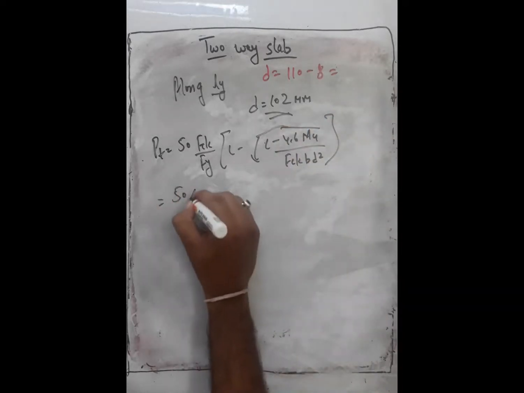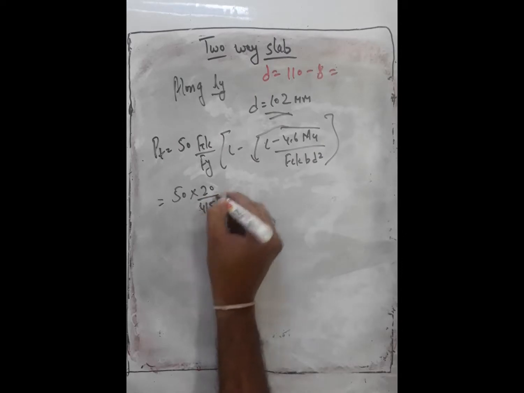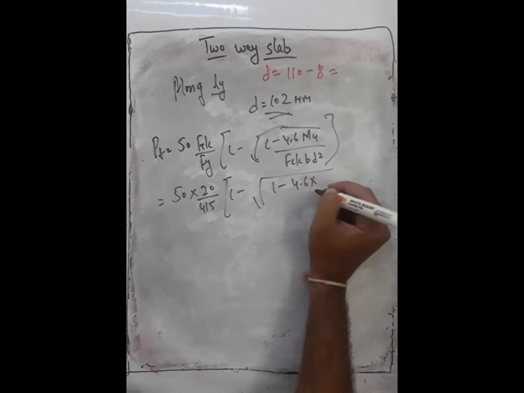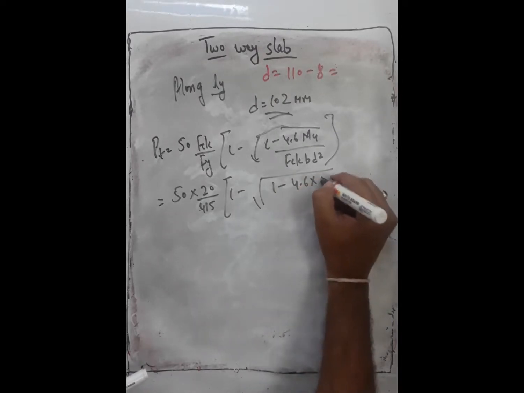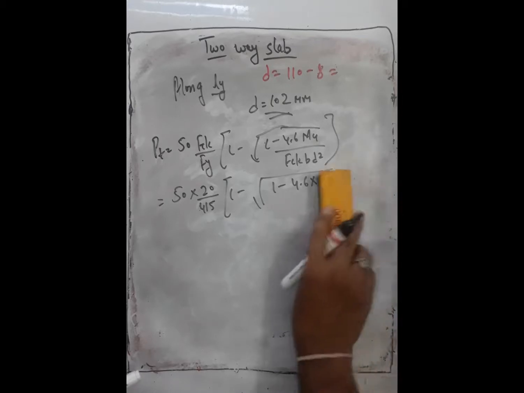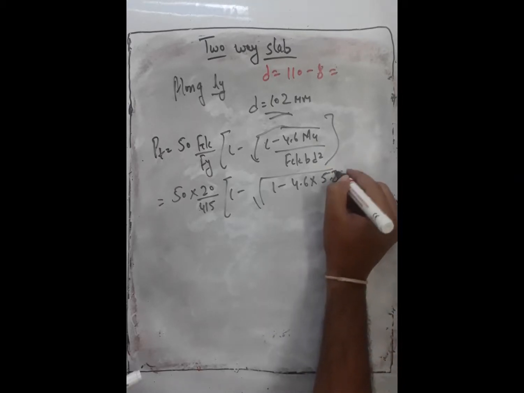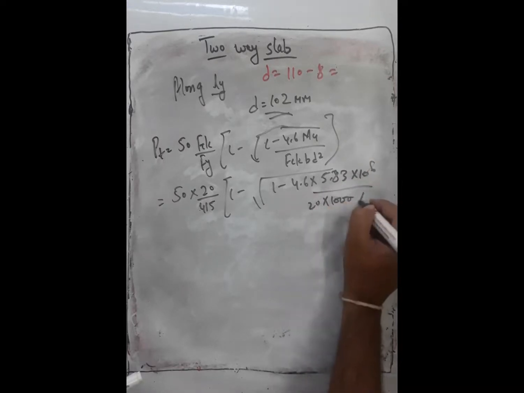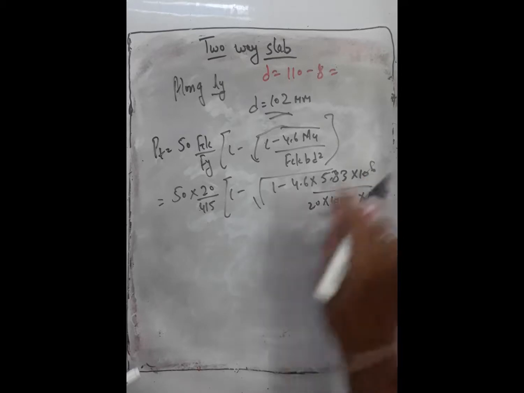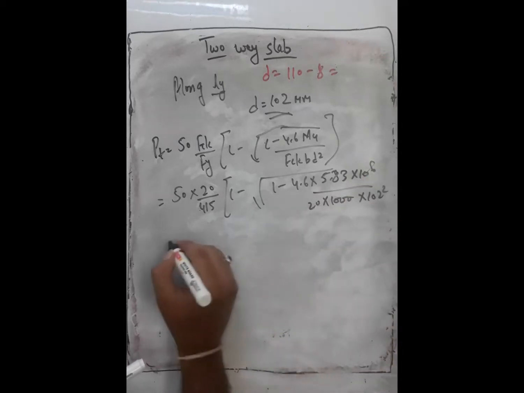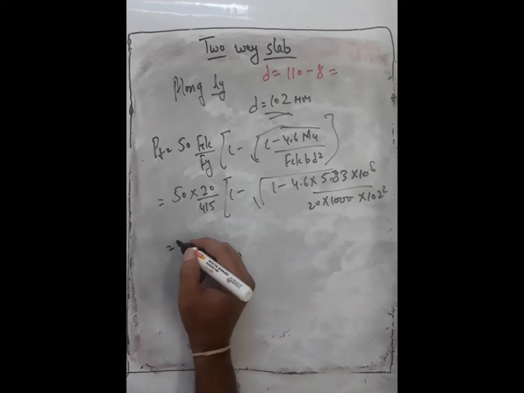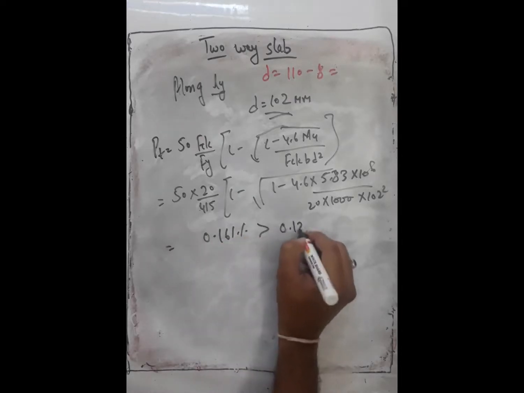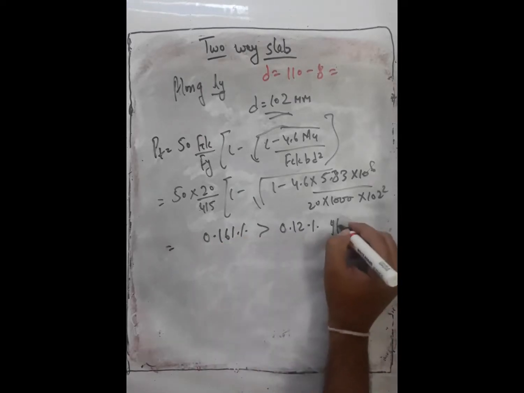Put the values in this formula: 20 divided by 415, 1 minus root of 1 minus 4.6 into Mu, and Mu is 5.83 into 10 raised to the power 6, divided by 20 into 1000 into 102 square. After solving this you get 0.161%, and it is greater than 0.12%, means it's okay.